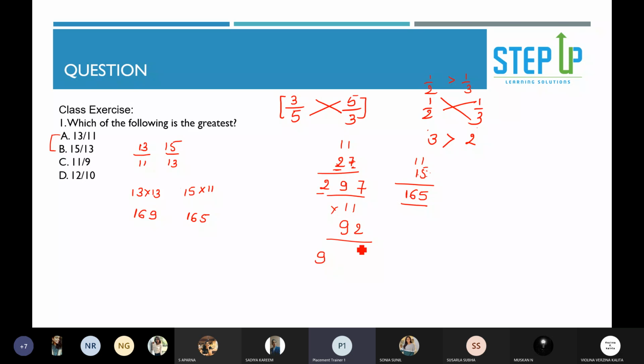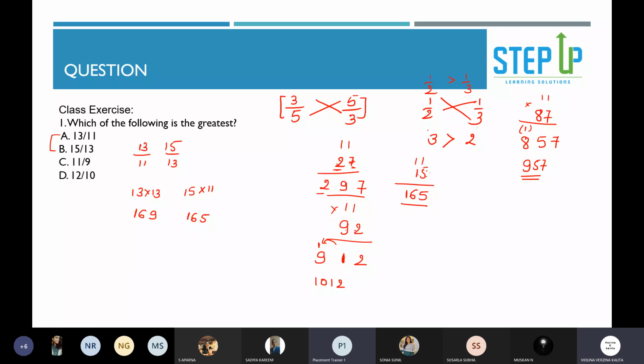So 9 as it is, 2 as it is, 9 plus 2 is 11. So 1 I'll write here and 1 will be carried forward. So the answer will be 1012. Like 87 into 11: 8 as it is, 7 as it is, 8 plus 7 is 15, 5, and 1 will be carried forward. 8 plus 1 is 9. 957. Did you understand? Yes, ma'am.